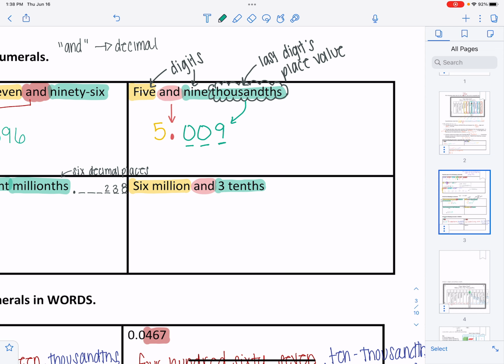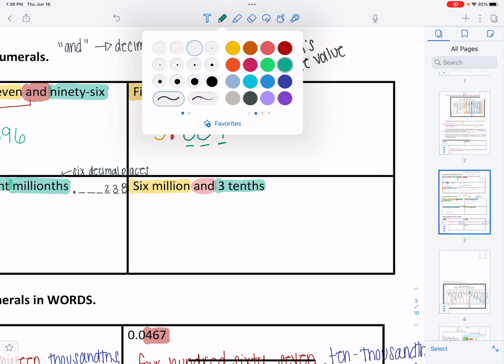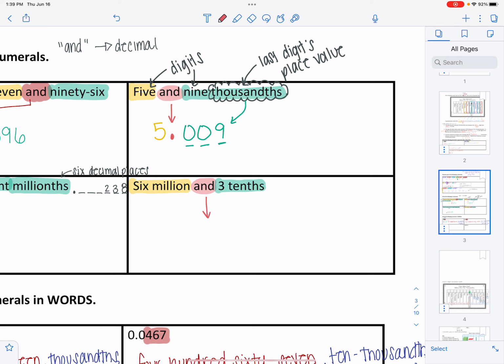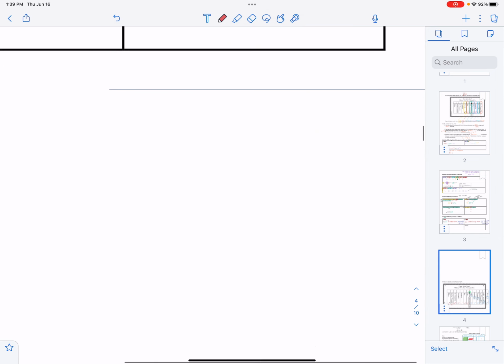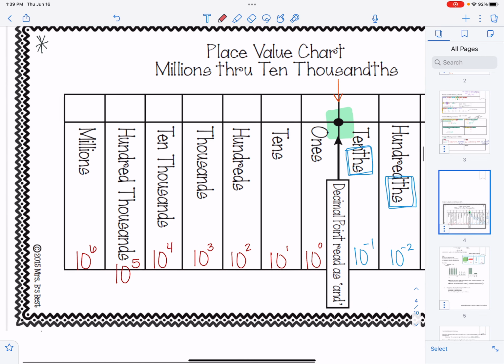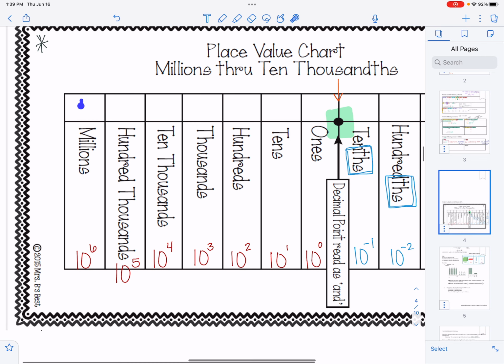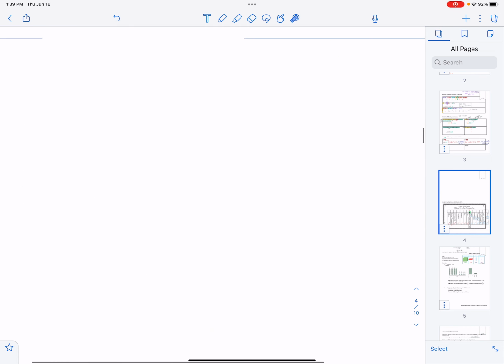Okay, the next one, 6 million and 3 tenths. Well, the 6 million, that's going to go to the left of my decimal. Well, 6 million means 6 and then 6 zeros, because 6 has to land in the millions spot. So I have 6, and then all of these need to be zeros.